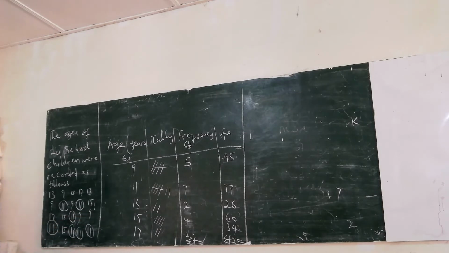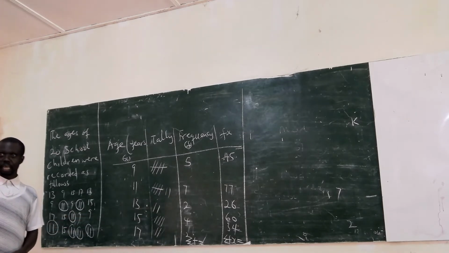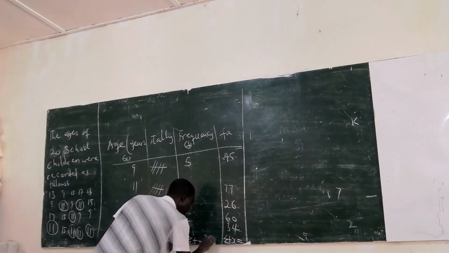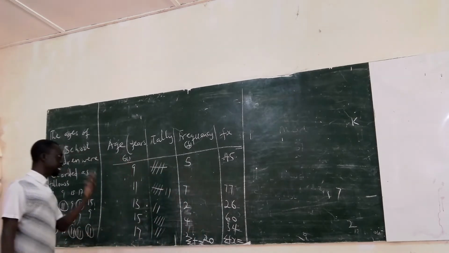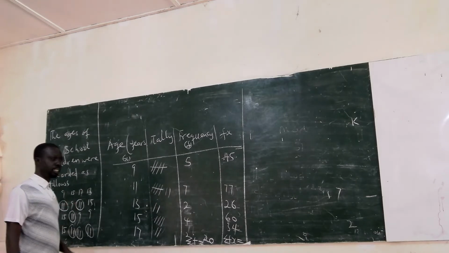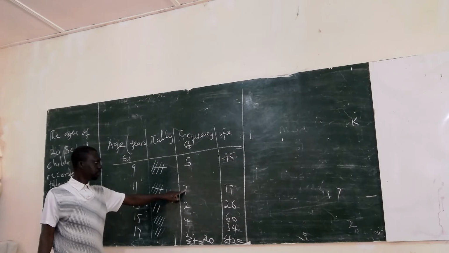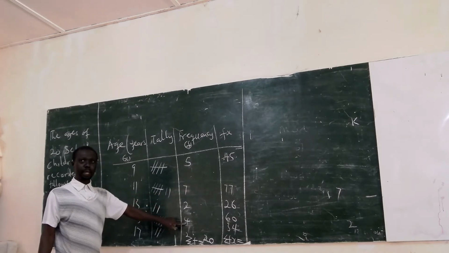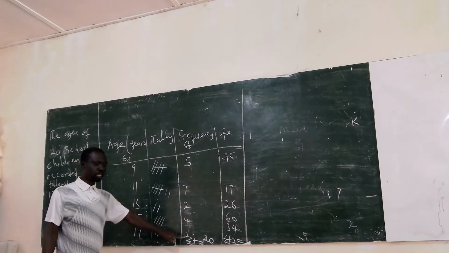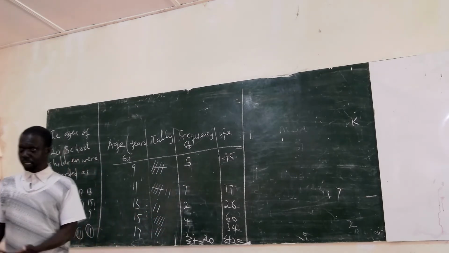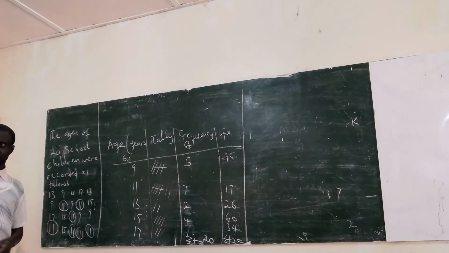So the total frequency is 20, okay? Let's prove whether it's true or not. 5 plus 7 will give us 12. 12 plus 2 will give us 14. 14 plus 4 is 18. 18 plus 2 is 20. Is that not the same? You don't waste your time. You just count the raw data and put the total number there.